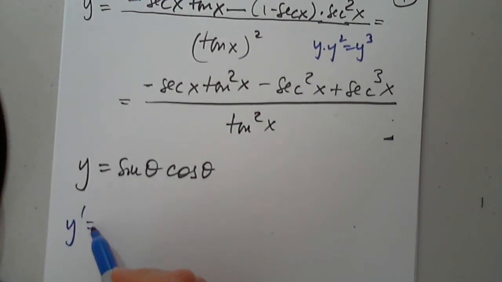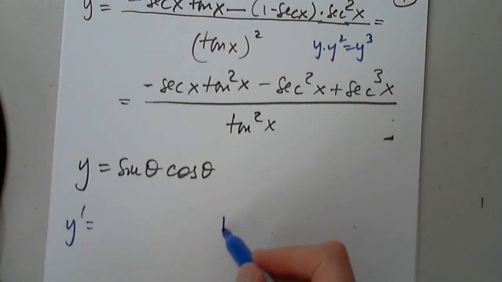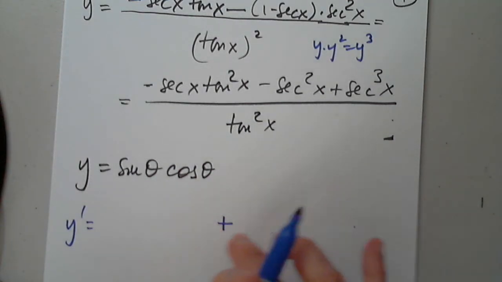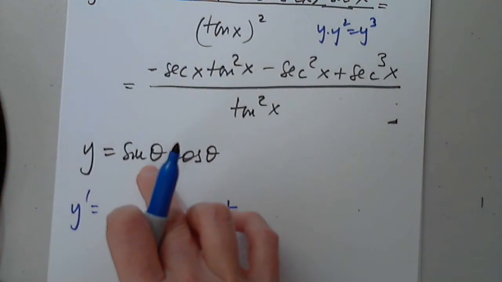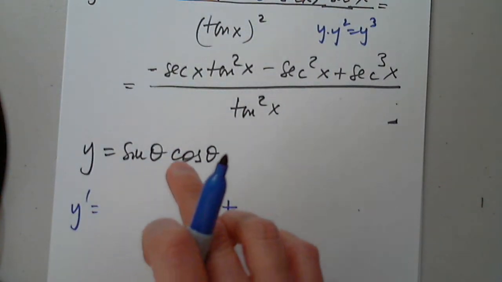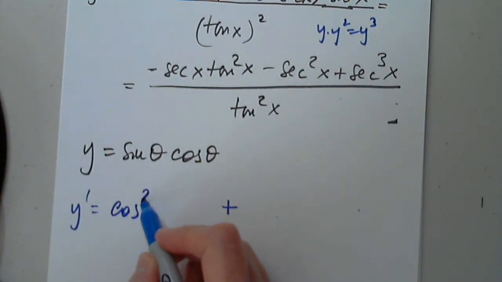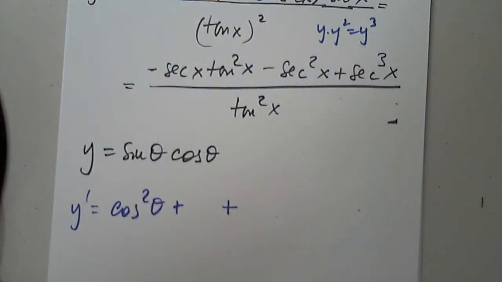Okay, so let's continue with this. What rule is applicable here? Product rule? Yes. So remember the product rule? You have to write the sum of two products. Sine prime is cosine times cosine, cosine squared, plus... Minus? Exactly.